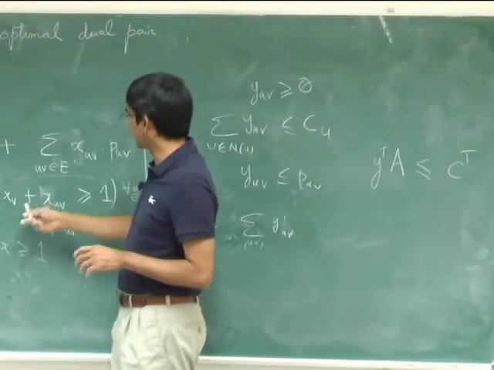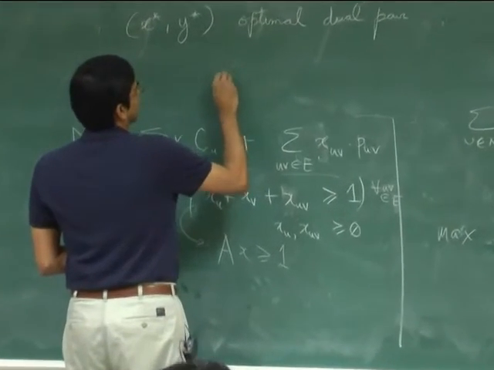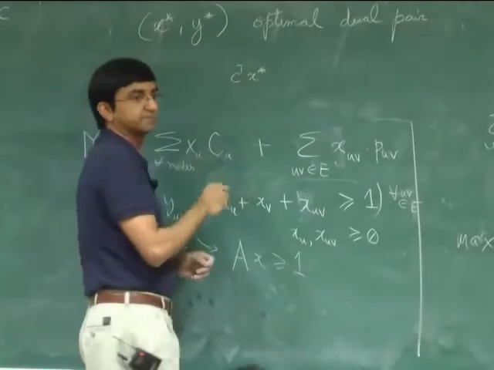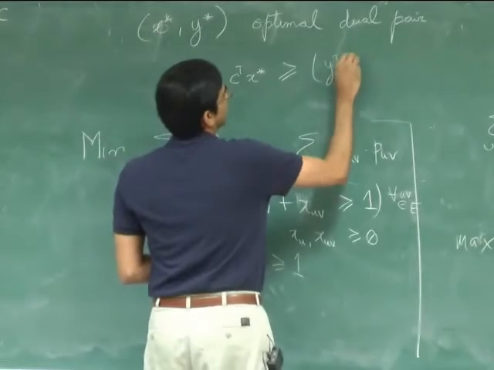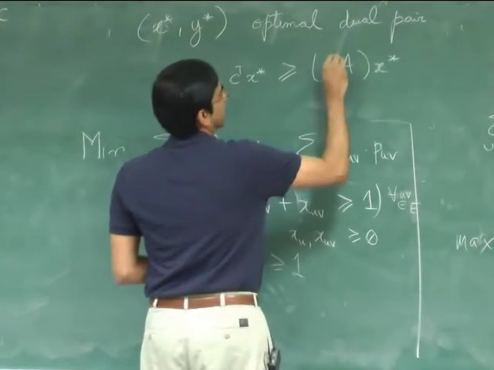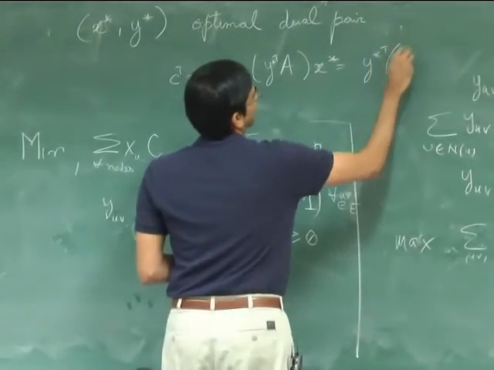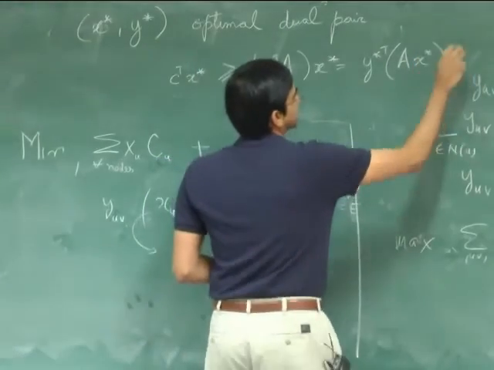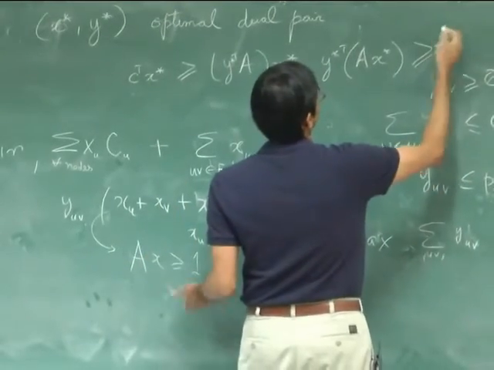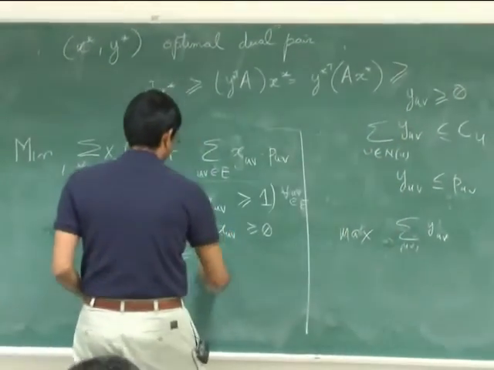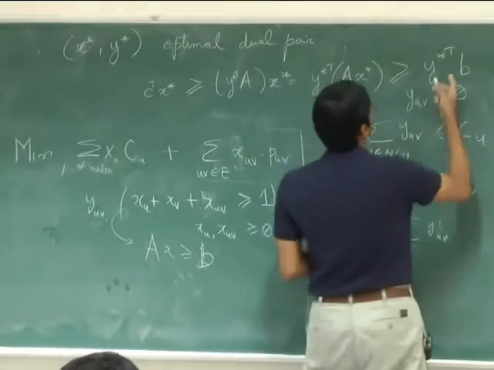It says if I've got x star to be optimal, let's just write down the string of inequalities. c transpose x star greater than or equal to y transpose A x star, this is also star, equal to y star transpose A x star, which is greater than or equal to y star transpose b, where Ax greater than or equal to b, which is the dual.